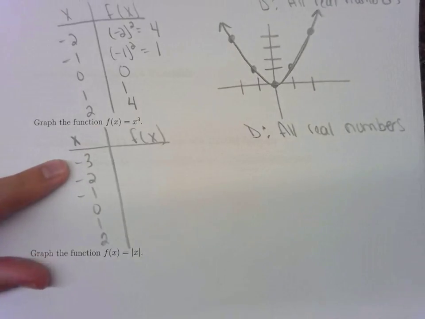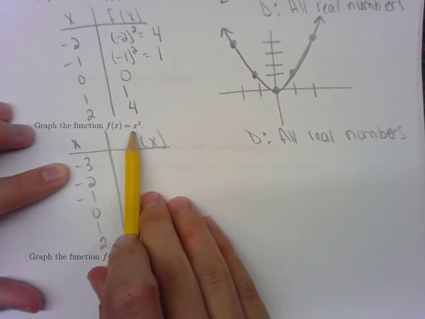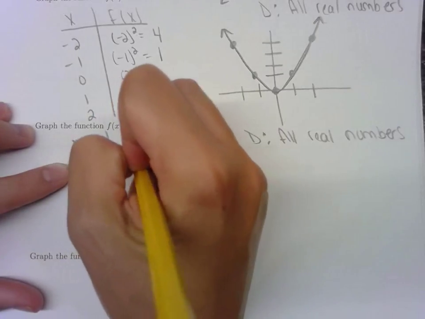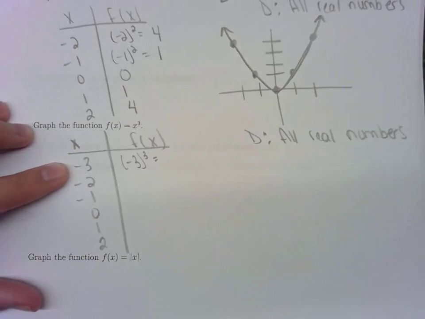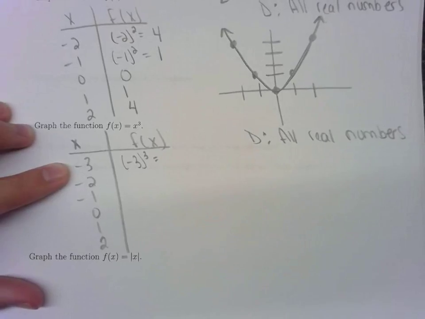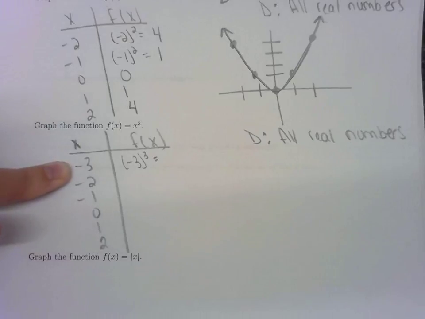So -3 is the input, so we're going to cube that. So -3 cubed, that's -3 times -3 times -3, which is negative, right?